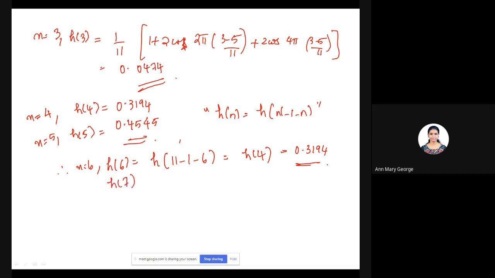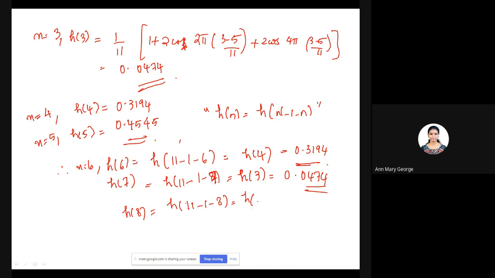Therefore when n equal to 7, h of 7 will be h of 11 minus 1 minus 7, that is h of 3, that is 0.0474. And h of 8 will be h of 11 minus 1 minus 8, that is h of 2, which will be equal to minus 0.1094.